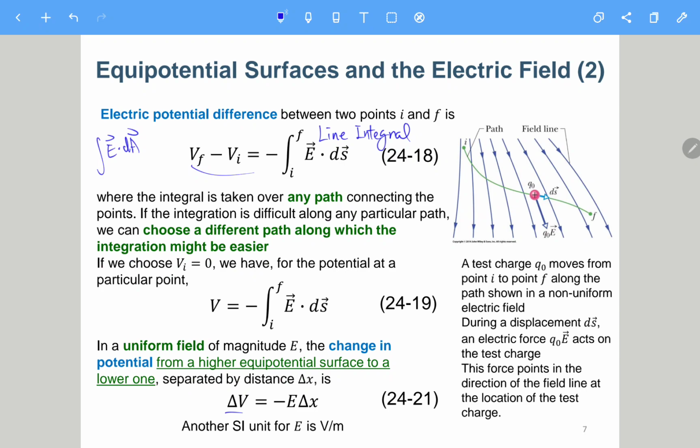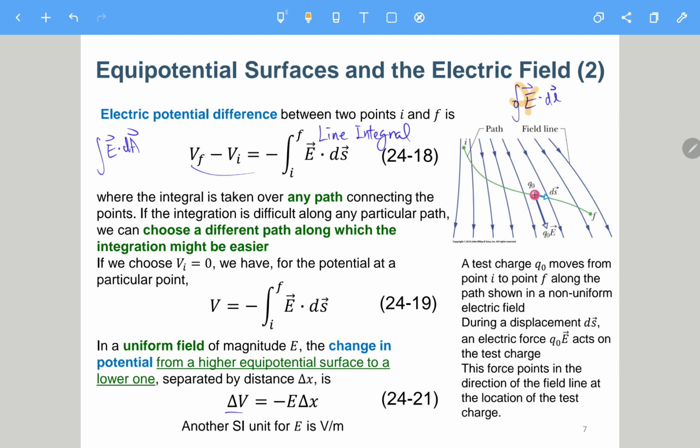Also for a line integral, if it is a closed contour, then we can also draw a circle, something like E dot dl. But for this case, if the starting point and the end point are the same, then delta V will be 0. So here we don't consider F and I to be the same point, so we don't draw a circle.